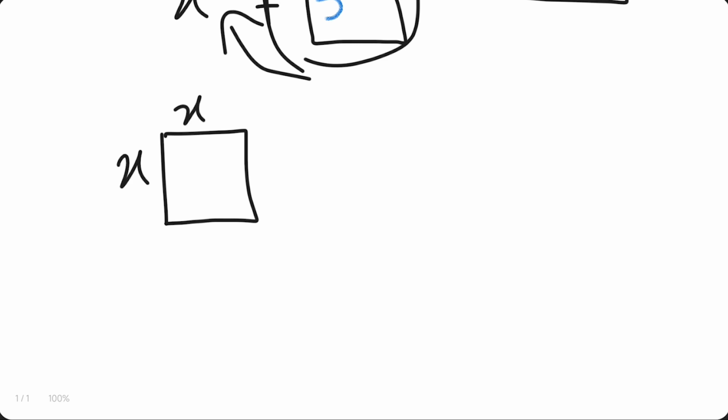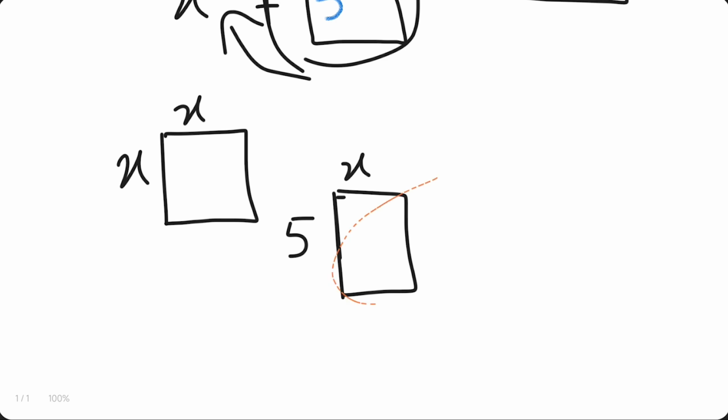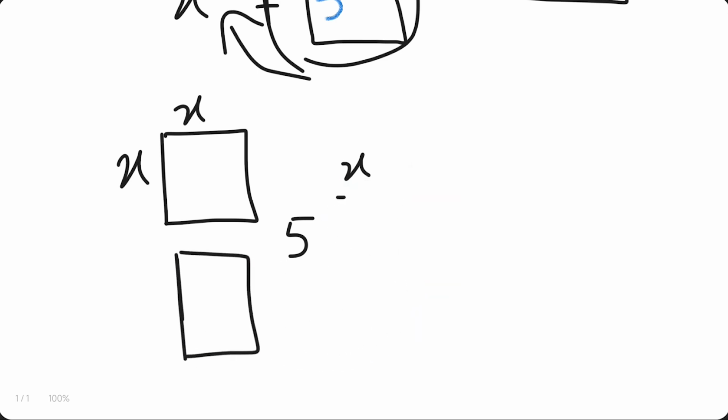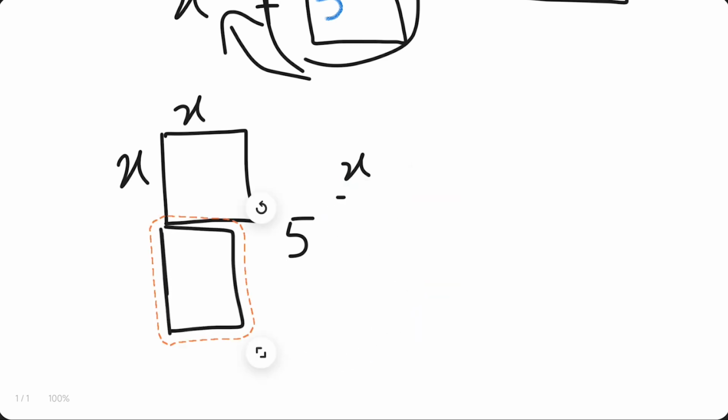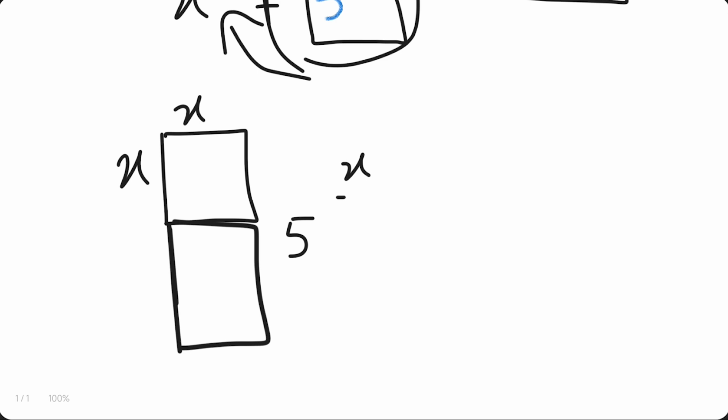Now we have our 5 centimeter by x rectangle. Let's take this and bring it over here. I can see that I've drawn it a bit short, but there you go. Perfect. Now this side over here is x long and this is 5.